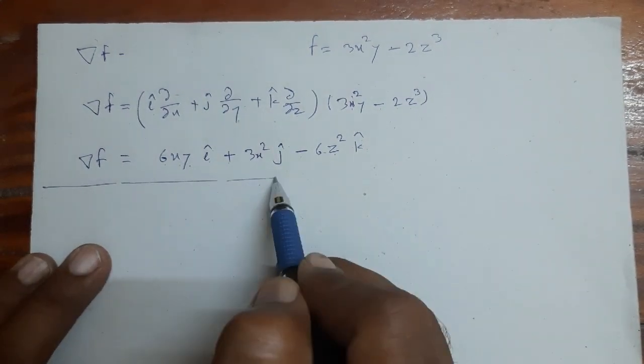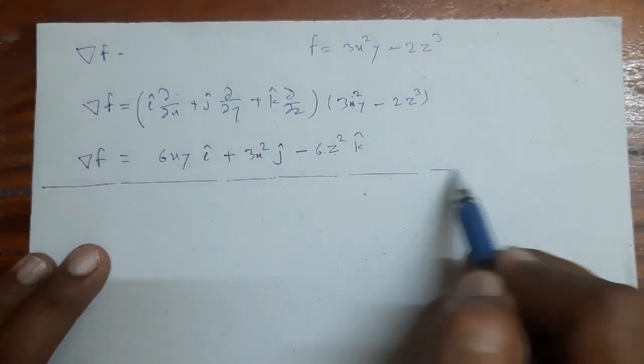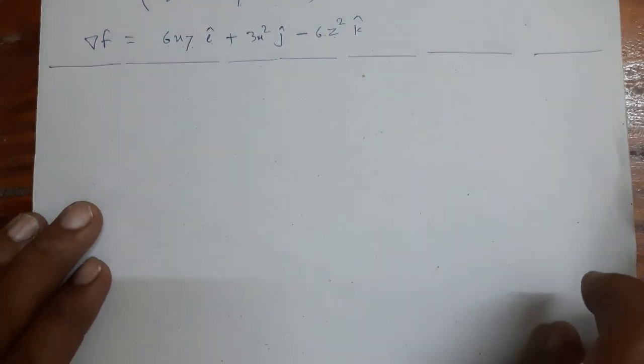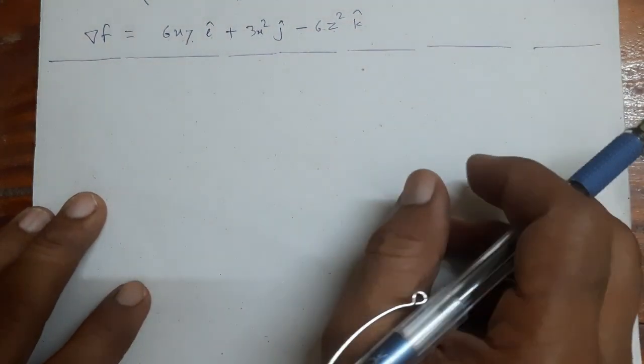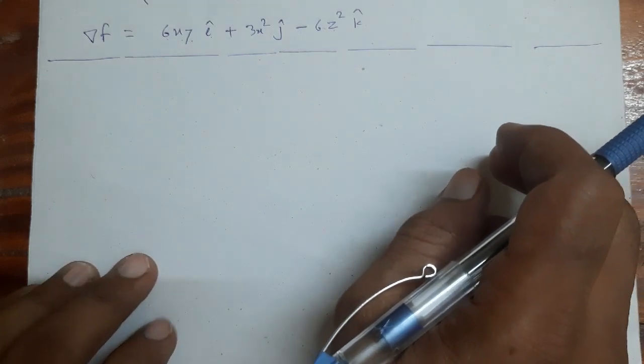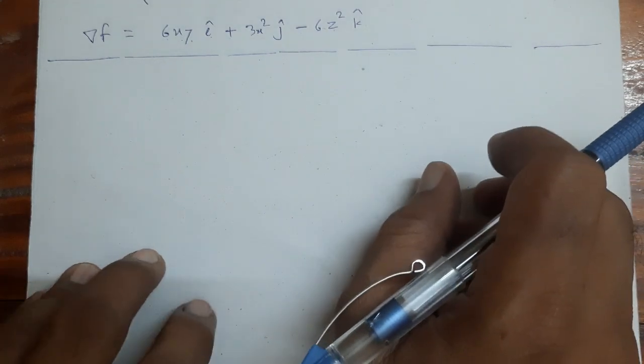Fine. Now what is the physical significance of the gradient of a particular scalar function? This we will discuss later in some other video. What are the physical significances of the gradient, divergence and curl?